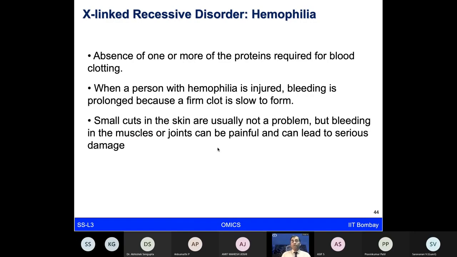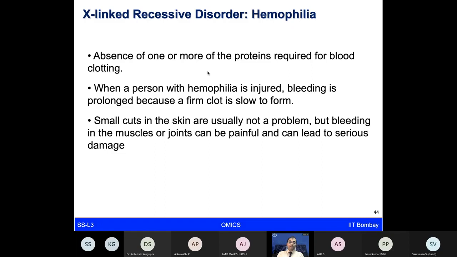Additionally, a similar concept is also applicable for hemophilia, which you might have heard about from the royal family story in the UK. I'm not going to talk in detail about that, but a similar phenomenon is observed in hemophilia, which is a disease based on the absence of one or more of the proteins required for blood clotting.